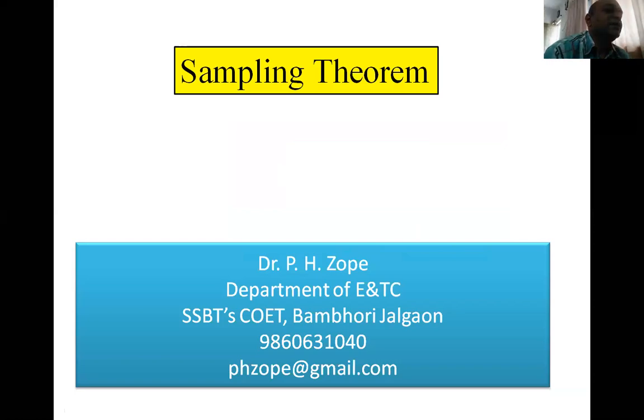Sampling is the process that will help you to convert the continuous time signal into the discrete time signals. Now here our lecture is dealing with the sampling theorem. What is the sampling theorem, and what will be the way of conversion of the continuous time signal into the discrete time signals?